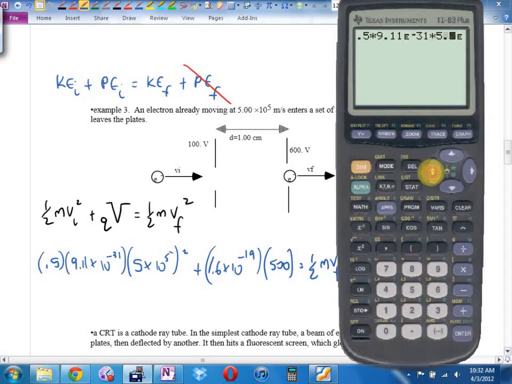About 5.5, Mr. Dueck. 5 times 10 to the 5th squared plus 1.6 times 10 to the negative 19 times 500. So I get 8.001385 equals a half mv squared.